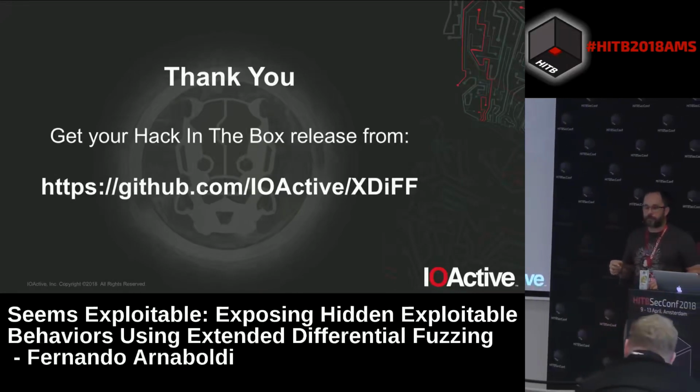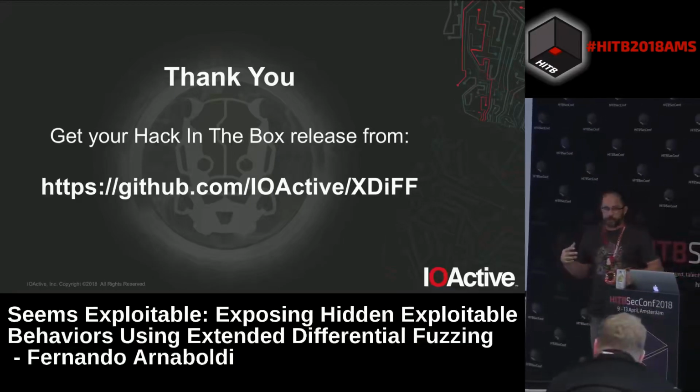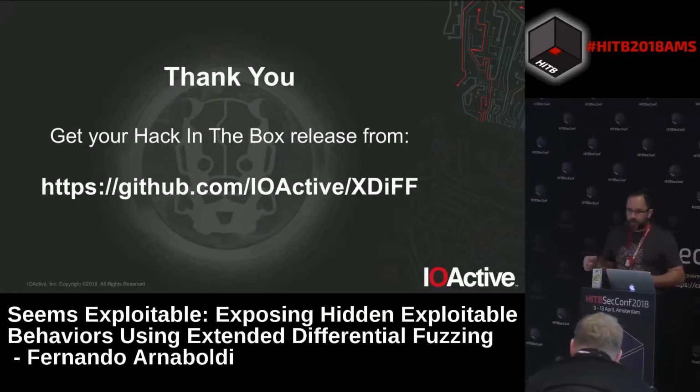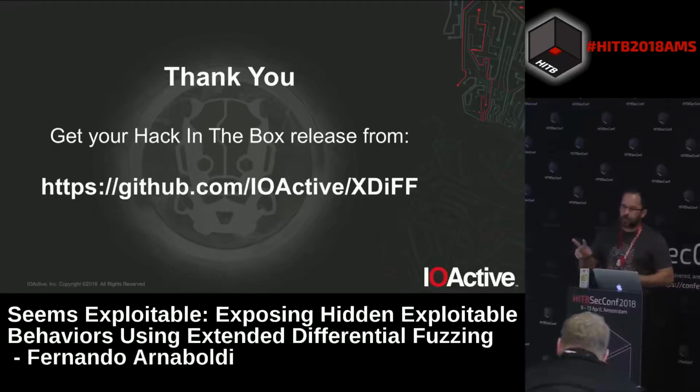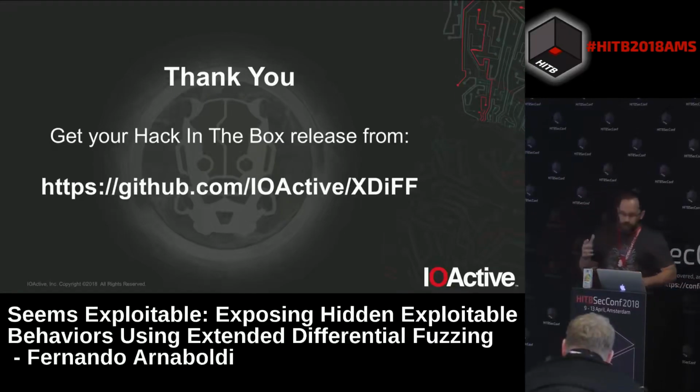Let's talk about input generation. I think fuzzers have three parts: the input generation, the fuzzing, and what they're doing with the output. When it comes to input generation, there are a number of possibilities.